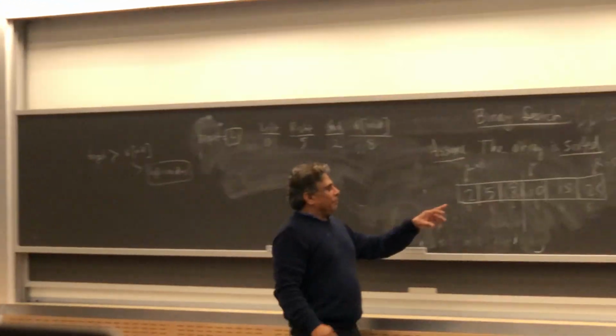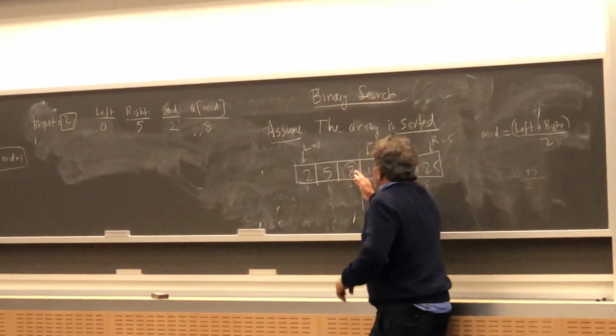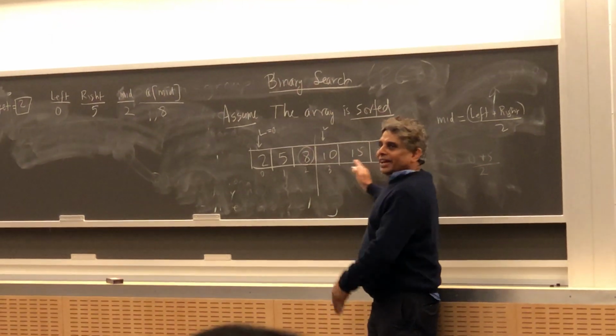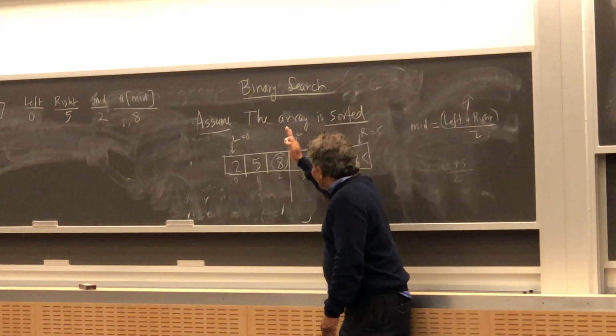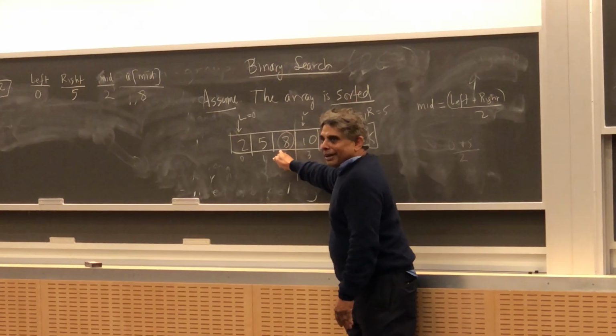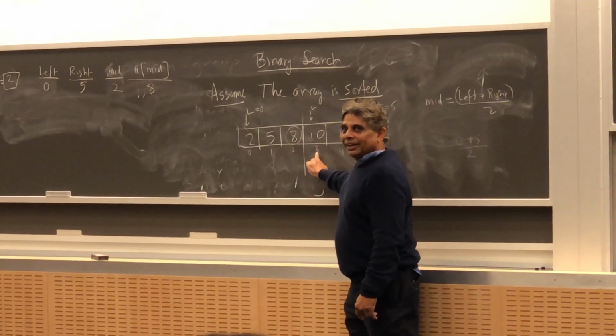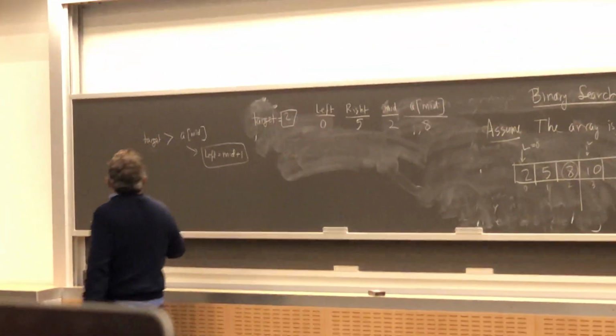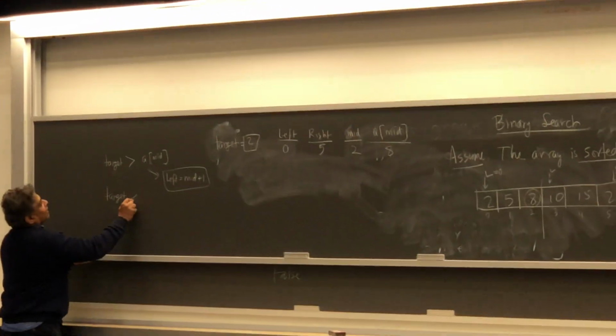See, in this case, if I knew that my target is bigger than 8, I will have to look here, so my search space is, the left is going to be mid plus 1.